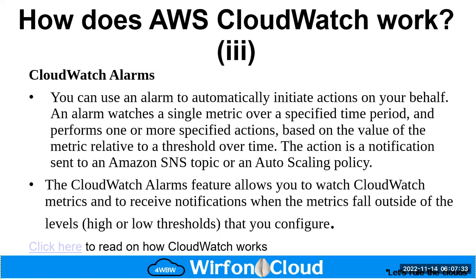So the CloudWatch alarm feature allows you to watch CloudWatch metrics and receive notification when metrics fall outside of the level, whether it's a high or a low threshold that you have configured. And you can read more about how CloudWatch works here by clicking this link.